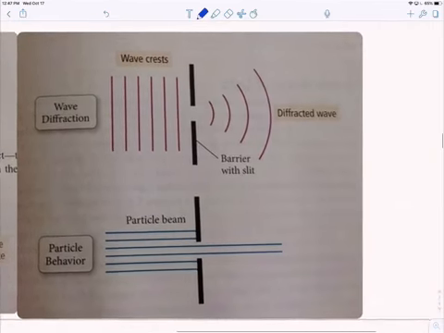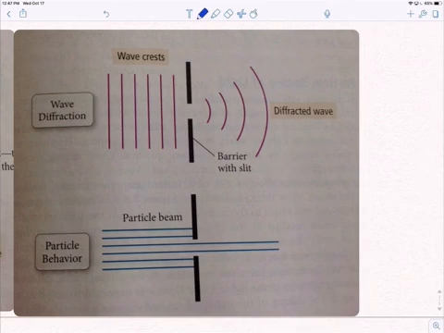Other things, so wave diffraction. This is particle versus wave behavior. Let's say we have a rock wall with a hole in it, and some ocean waves are crashing into that rock wall. The waves will go through the hole in a diffracted wave pattern.